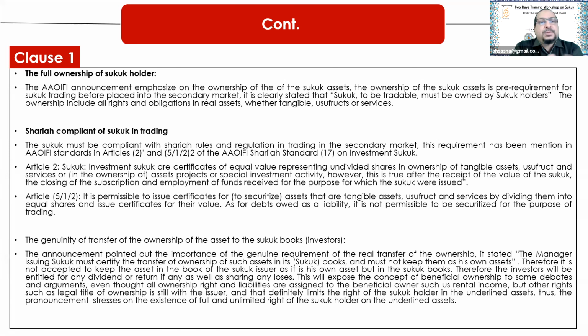Quickly on point number two, which is related to the full ownership, sometimes transferring the asset from the book of the originator is practically difficult, especially in the sovereign sukuk. Imagine, for example, a government wants to issue a sukuk, right?